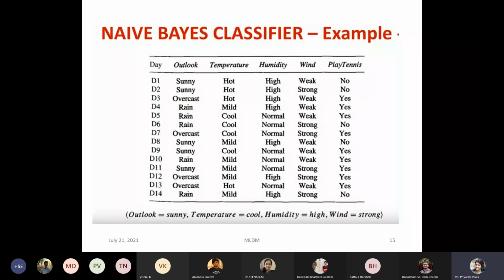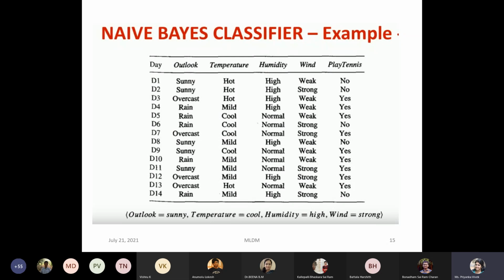That is the probability of outlook equal to sunny given play tennis equal to yes. Can somebody say? There are only 9 instances with yes. Because it is given that it is yes, we need to consider the instances which are yes.